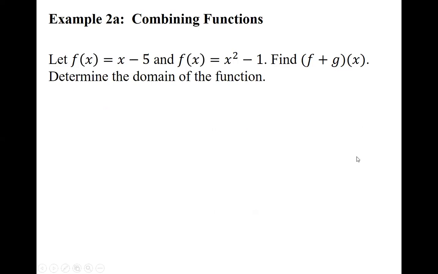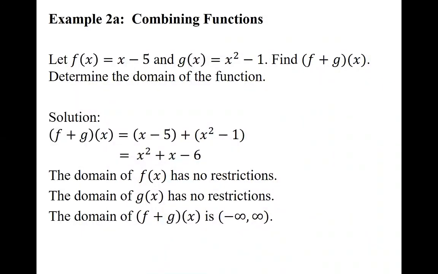So let's let f of x equal x minus 5 and g of x equals x squared minus 1. Find f plus g of x and then determine the domain of the function. Well, f plus g of x is just f of x plus g of x.